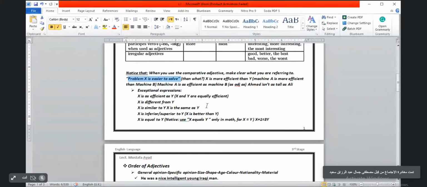So problem X is easier to solve than problem Y, or problem X is the easiest to solve. That is correct.